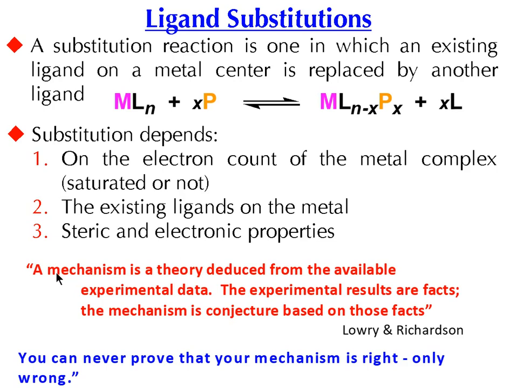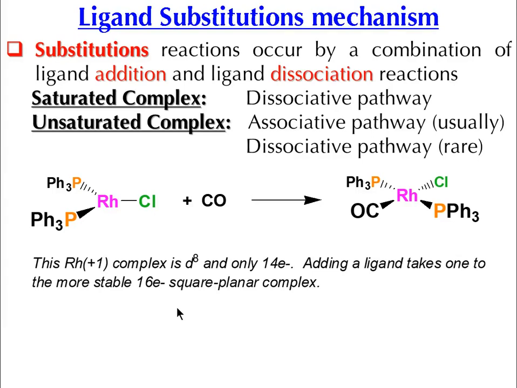Note that a mechanism is a theory deduced from experimental data, and the experimental results are facts, so the mechanism is based on these experimental facts. We can never prove that a mechanism is right; we can only prove if it's wrong. So the substitution depends on the nature of the complex.